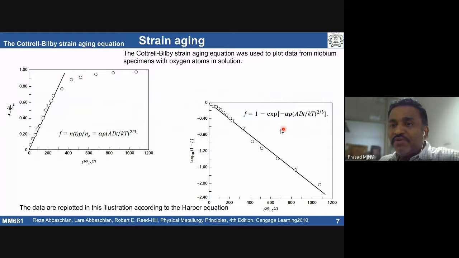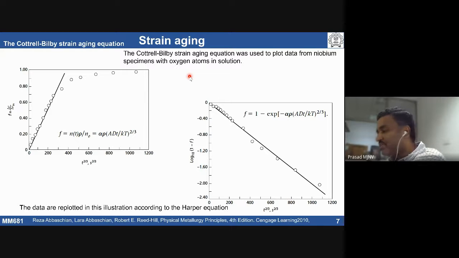But if you use the Harper equation, people found it better suited than the Cottrell Bilby equation to estimate how many solutes segregate to the dislocations for a given dislocation density material at a given time and temperature. So this is about static strain aging, which we see in materials. Steel is one of the best examples, and another example is niobium with oxygen atoms.